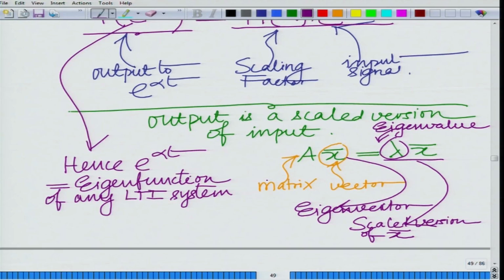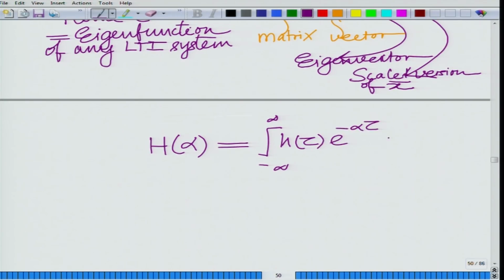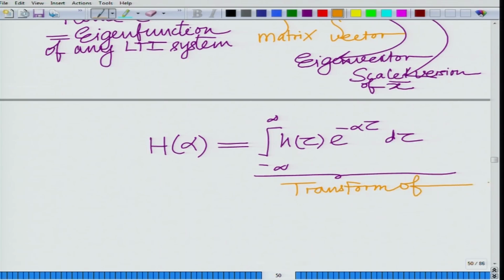And these eigenfunctions play a very important role, because if you look at this H of alpha, which equals the integral from minus infinity to infinity of h of tau e power minus alpha tau d tau, this is known as a transform of the impulse response h of tau.